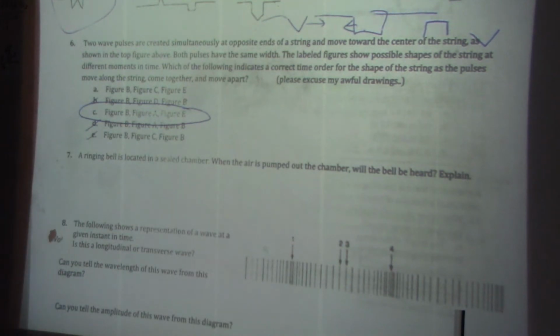Number 7, a ringing bell is located in a sealed chamber. When the air is pumped out of the chamber, you're taking away the air, so you're taking away the medium. So the bell is actually not going to be heard, because sound needs a medium in order to transfer the energy.